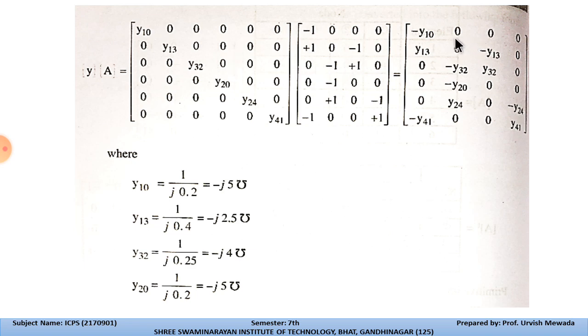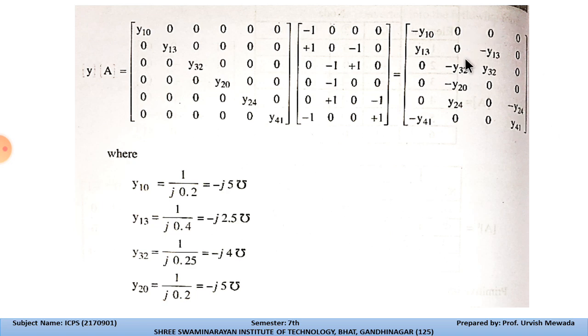So this is how we form the y into A matrix, by multiplying the admittance matrix and the oriented graph matrix. The values that we get are y10, then 0 0 0, then y13, 0, minus y13, from multiplication of row to column.